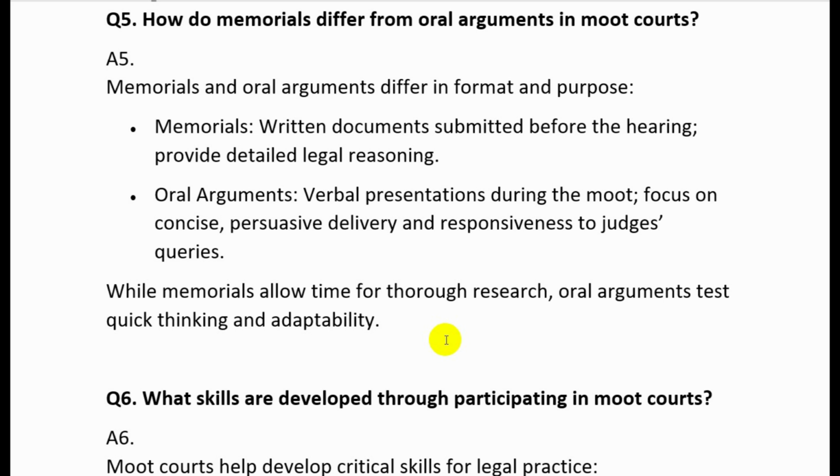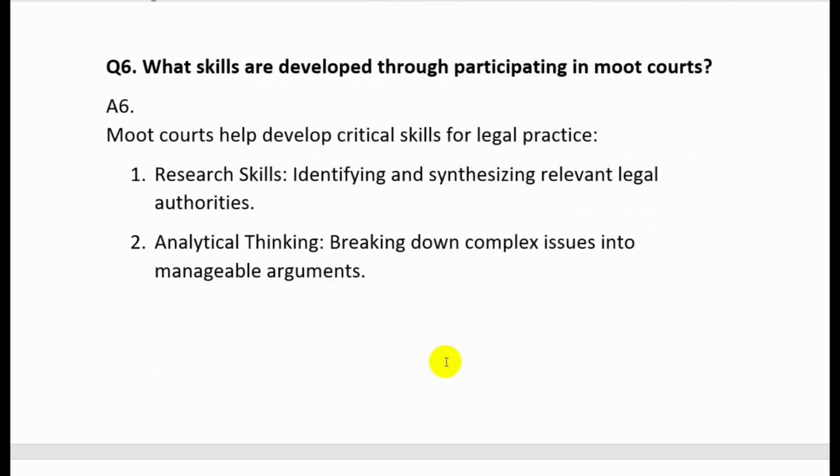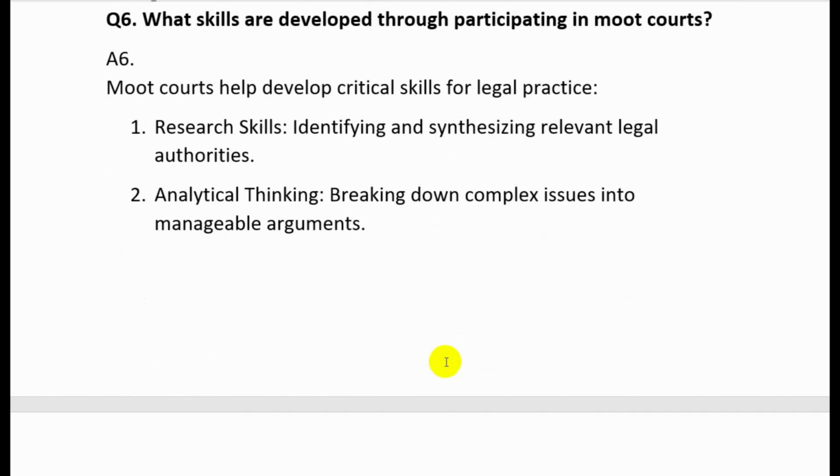While memorials allow time for thorough research, because we get a lot of time to write and research, oral arguments will test our quick thinking and adaptability. How quick we are in counter arguing, presenting the facts of the case, or replying to the judge's query.